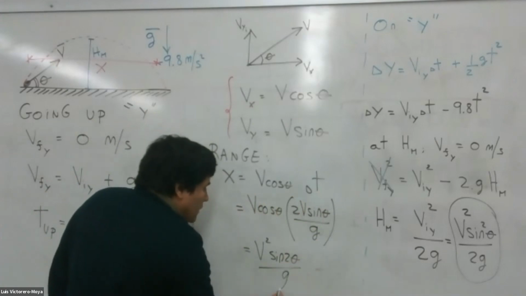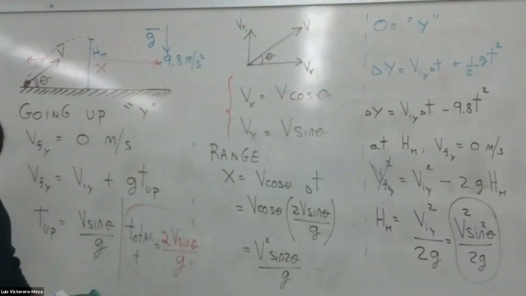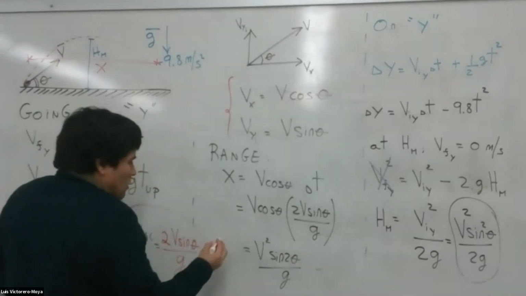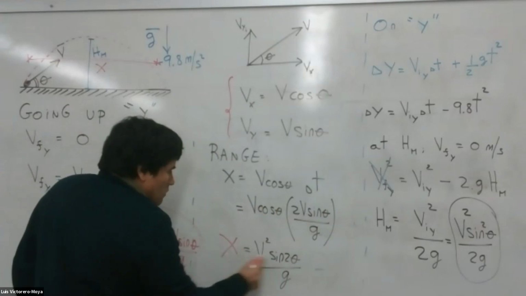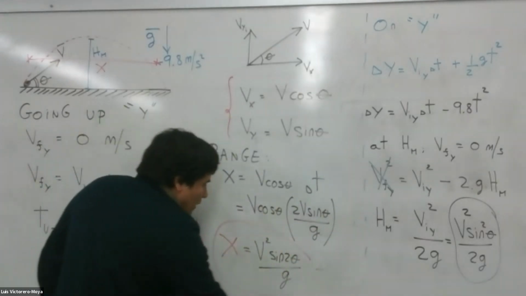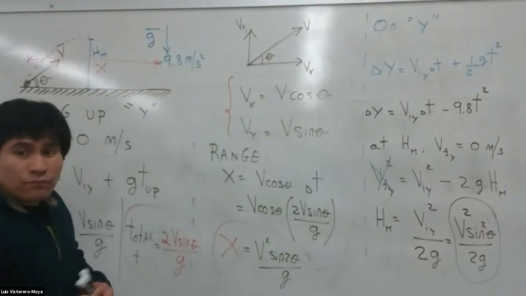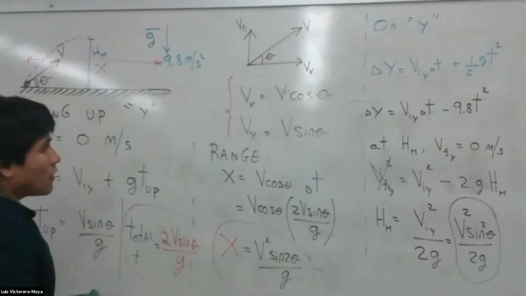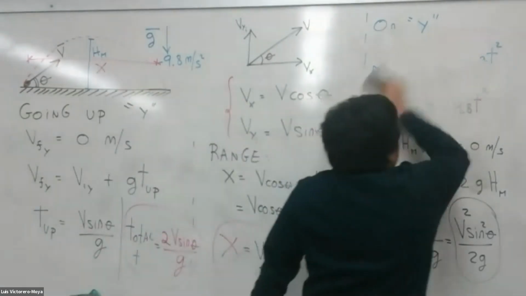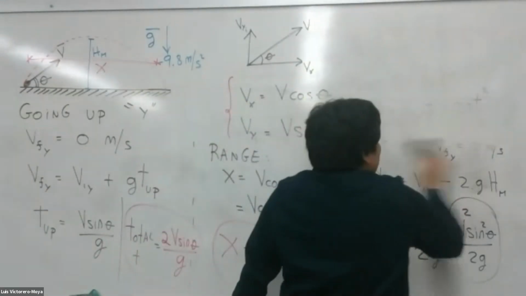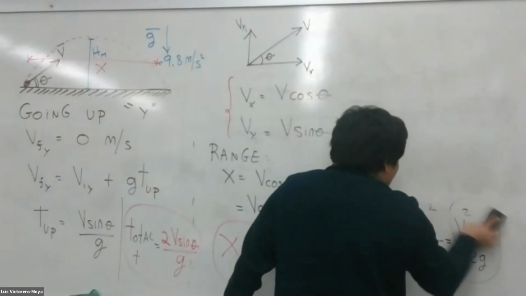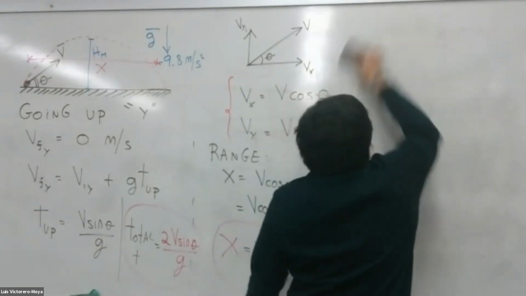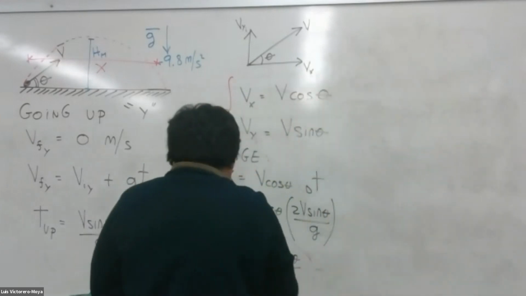divided by gravity. Actually, guys, you know why I'm showing you this equation? Because many of you have heard that the maximum range for a projectile is when you have an angle of 45 degrees. Well, we can prove it now. How do we prove that the maximum range for a projectile is when the angle is 45?